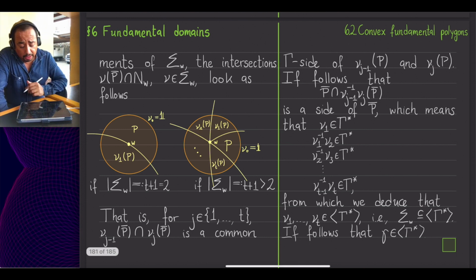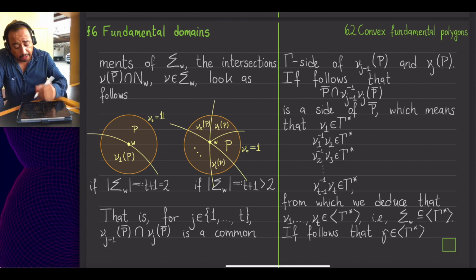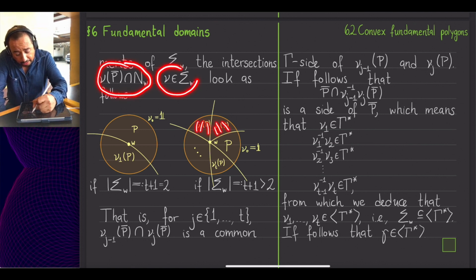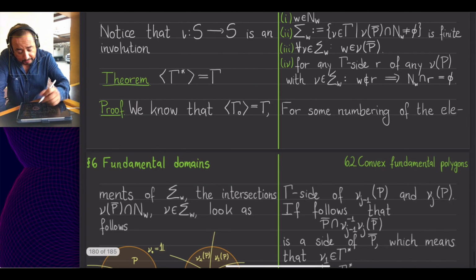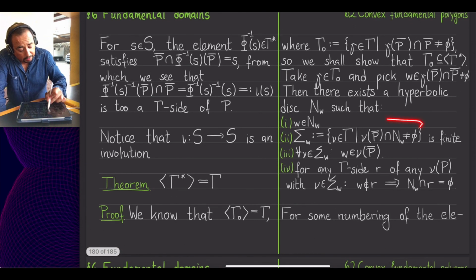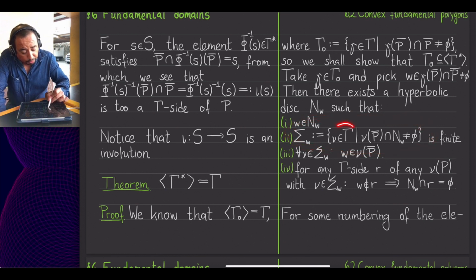Okay, now, right, and this union of all these intersections has to give me this disk, right? Because here in sigma W we put all the elements of gamma with this property, right?